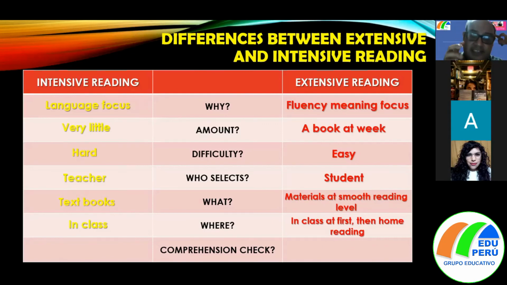Remember, in extensive, you're going to test, but not formally, by giving some reports, oral reports, or maybe some discussions, debates about this book, or you have to give your opinions about the book. What do you think about the book that you have read? Give me your ideas. So this is an informal testing, an informal checking. But on the other side, the intensive reading is a formal testing, a formal checking.